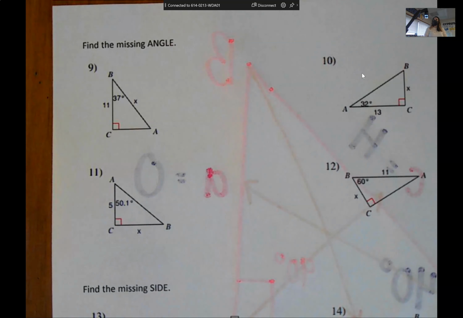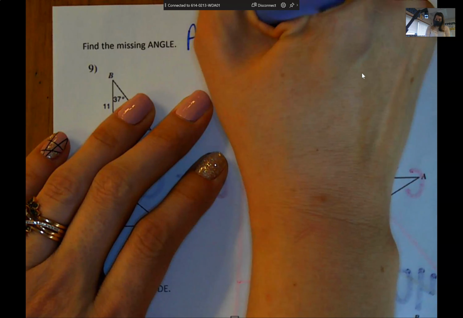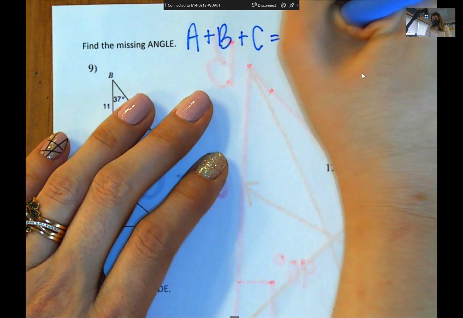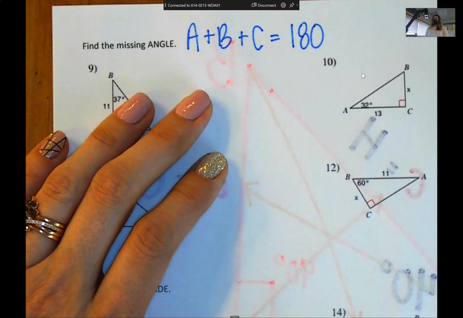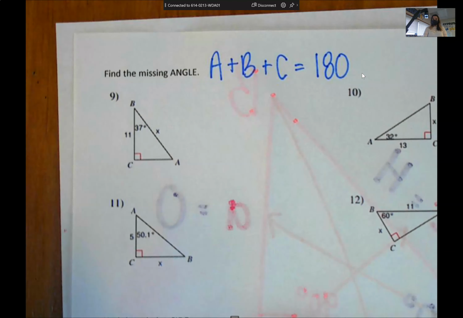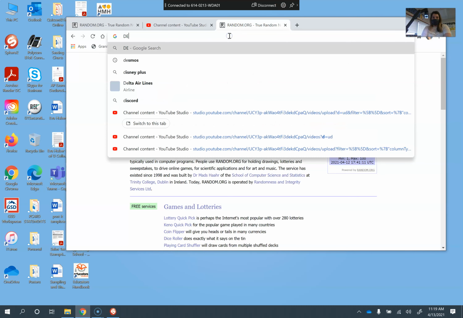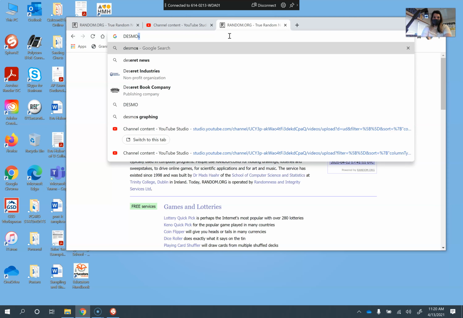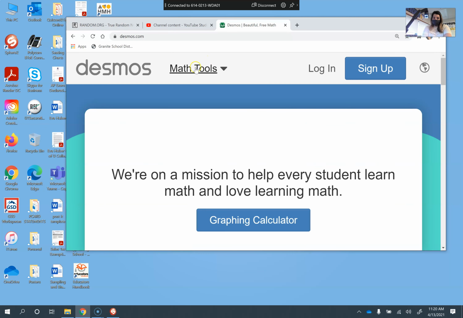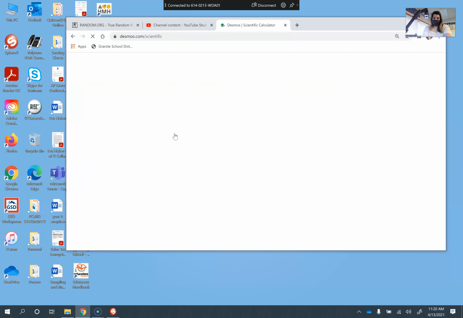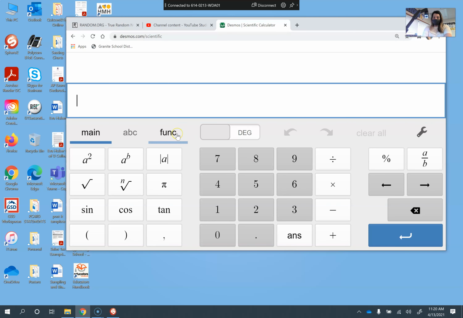And the first set of problems, they say 9, 10, 11, 12, find the missing angle. To do that, all we have to know is that A plus B plus C equals 180. So to find all of these missing angles, you could just go to Desmos, get onto their calculator, and you're always going to start with 180, and then you're going to minus the two angles that they give you.